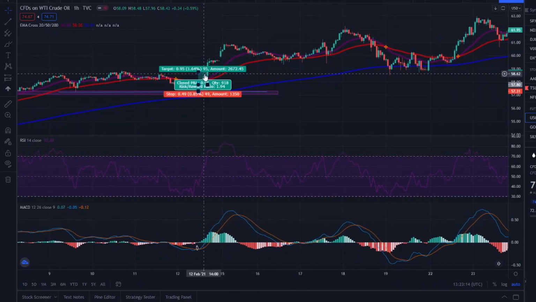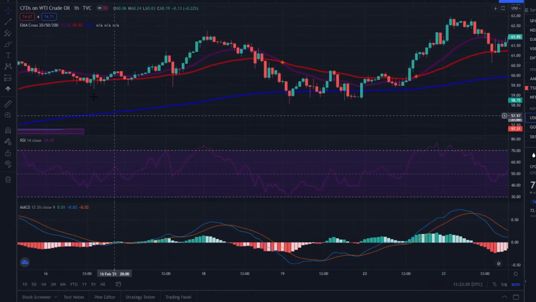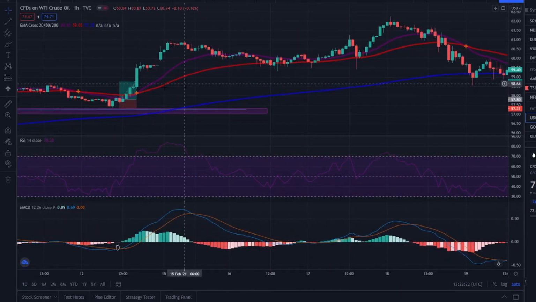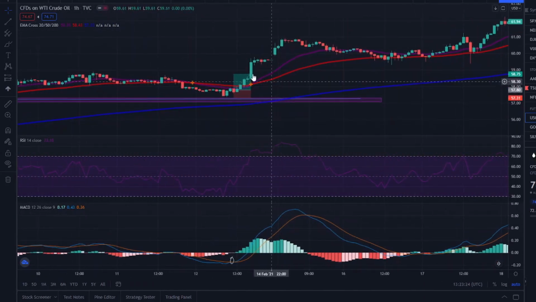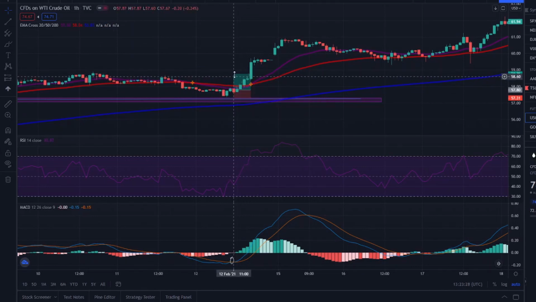So we wait, especially here. We see a cross again between the 20 and 50 EMA, which suggests that we will see a bullish move for the longer term.